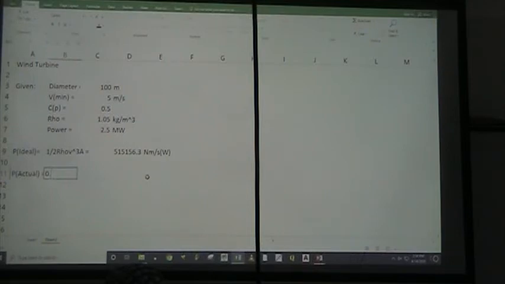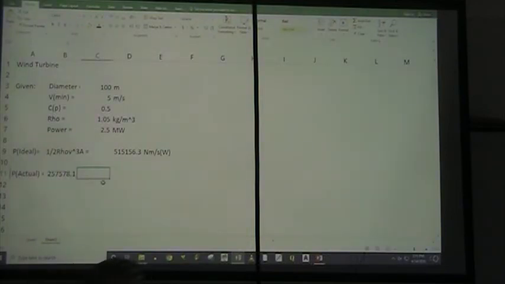So actual power equals 0.5 times our power that would be ideal, which is going to be approximately 2.6, let's see, kilo.